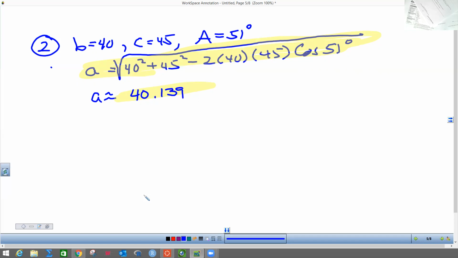I got 36.871. 36.871. How many of you got that one? So if you didn't get that, try typing it in again, just like I just did, right there. See if you can get it right. Maybe you left a parenthesis off or something. I don't know. I'd have to look.